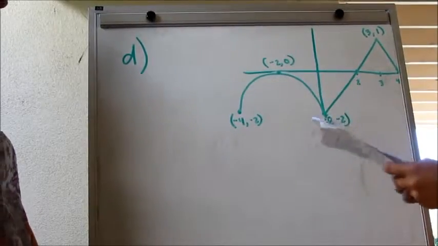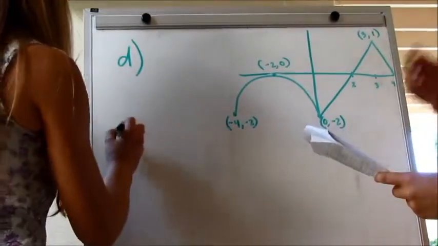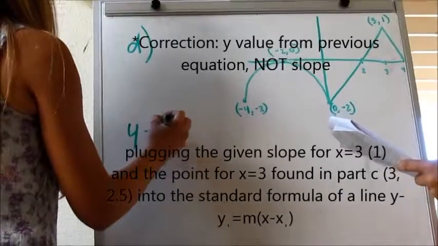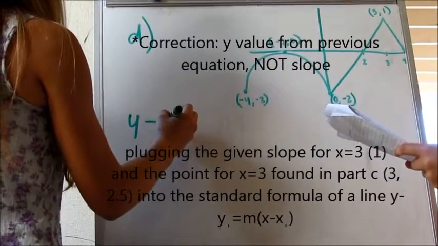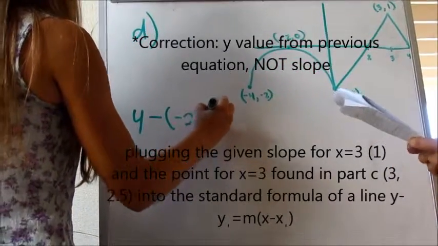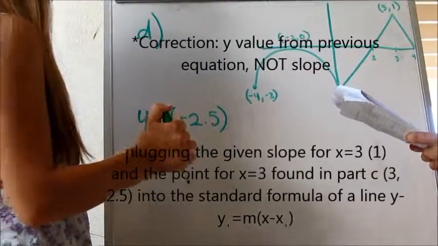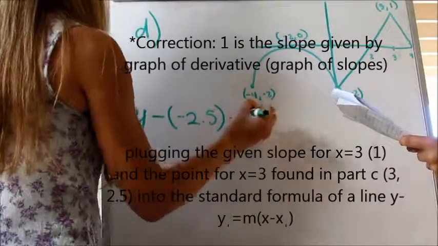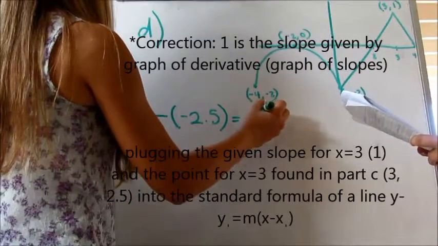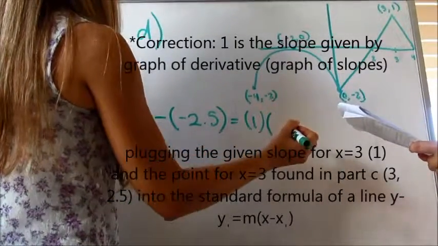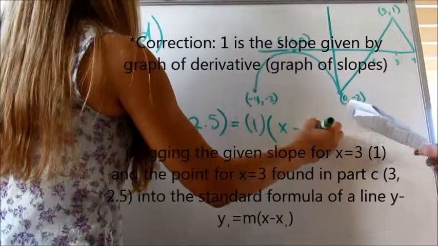So it would be y minus a negative 2.5 from the slope you found in the previous equation for f of 3 equals 1 parentheses x minus 3 for the x value.